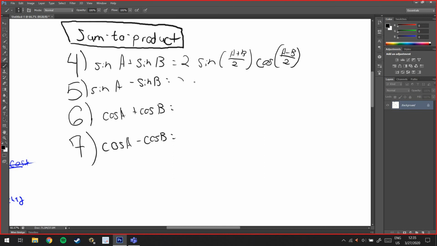So for sine minus, it's 2 sine A minus B over 2 cosine A plus B over 2. So it just changes where the sum and subtraction signs are, just flips them.